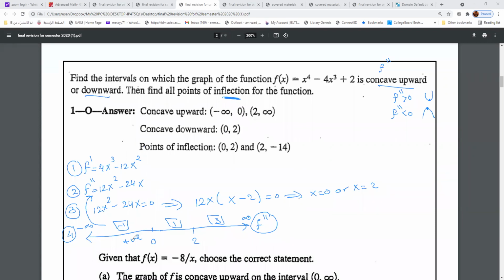Upward. I'm so sorry. At 1, if we replace at 1, it will be negative. Negative, downward. At 3, it will be positive. Just replace in this way. It will be positive. That is the value of the second derivative.